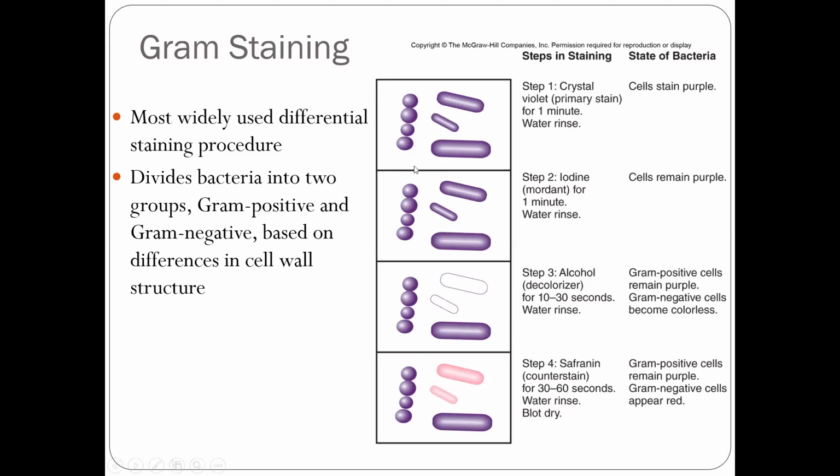And this is a way to differentiate all the bacteria into gram-positive and gram-negative. Now for the yeast, I want to mention, we do not say gram-positive or negative, we say gram-stain blue.